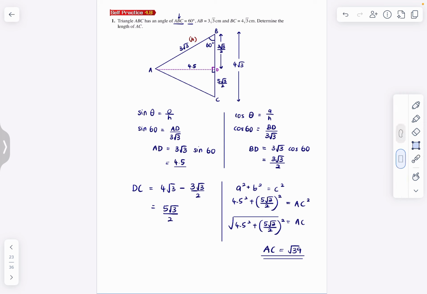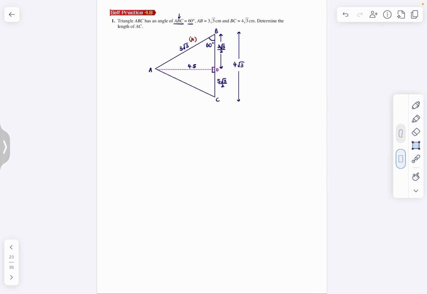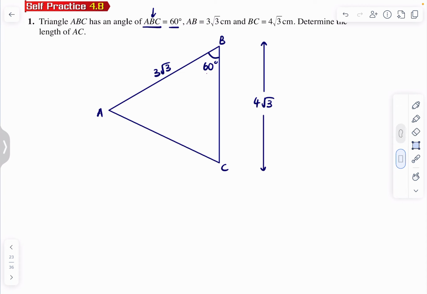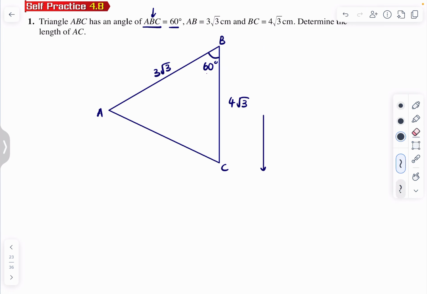Let me show you what happens if you already learned chapter 9. You can solve it way more easily. I mean, you don't have to do so many steps. We don't even need the right angle triangles. This one we don't need. This one we don't need. If we learn chapter 9, there's a formula called the cosine rule.